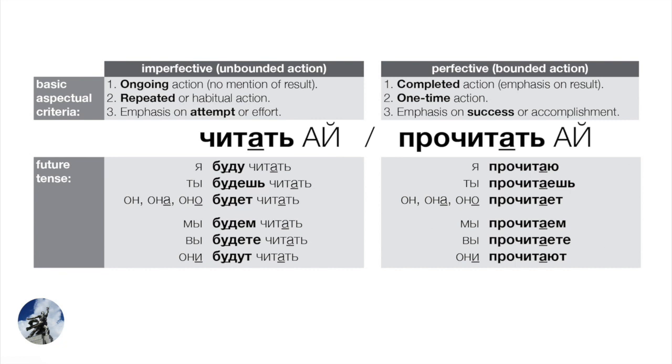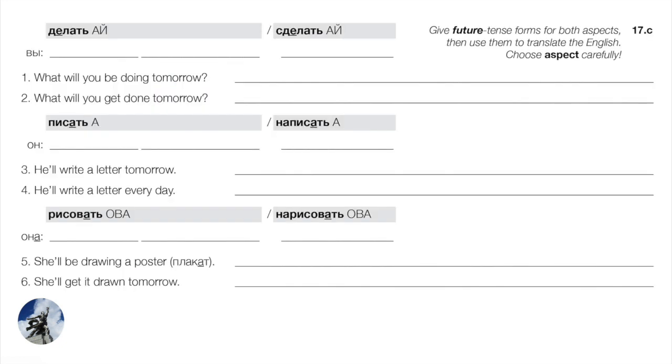Okay, so let's do the same thing as we did in the previous exercise. Let's make two future tense forms, the only distinction being aspect, and then choose the proper one to convey the gist of an English sentence. So let's take вы, and let's do the pair делать, сделать. You will do. Now, делать is imperfective, so we're going to need the compound future.